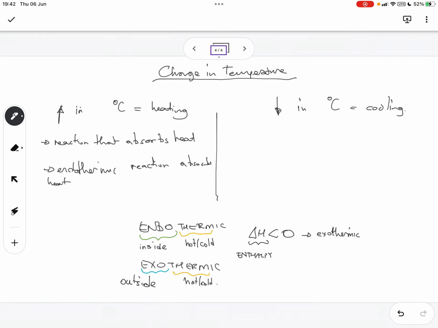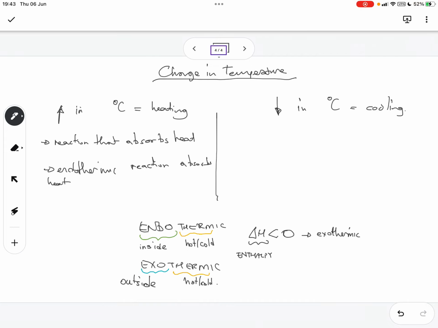The reactants start out at a high energy level, they give off heat, and the reaction forms products, but at the end the products have a lower energy state than the original reactants.